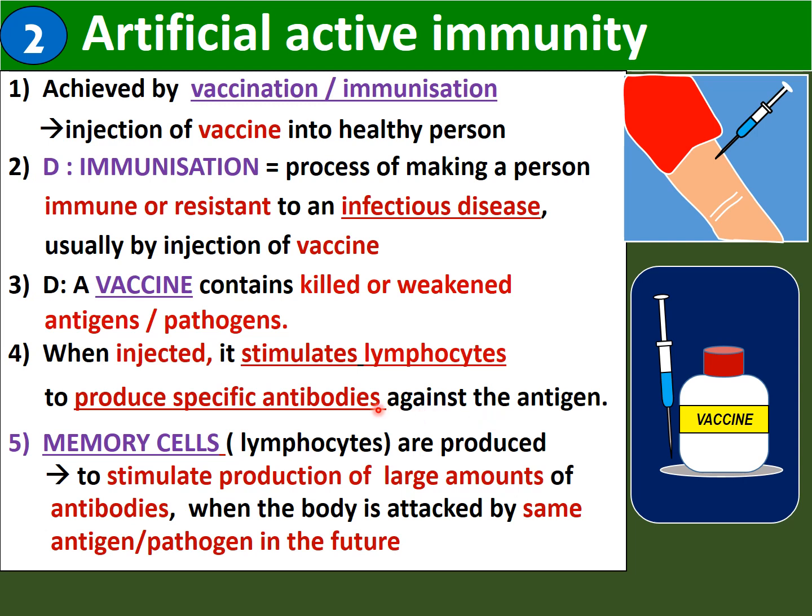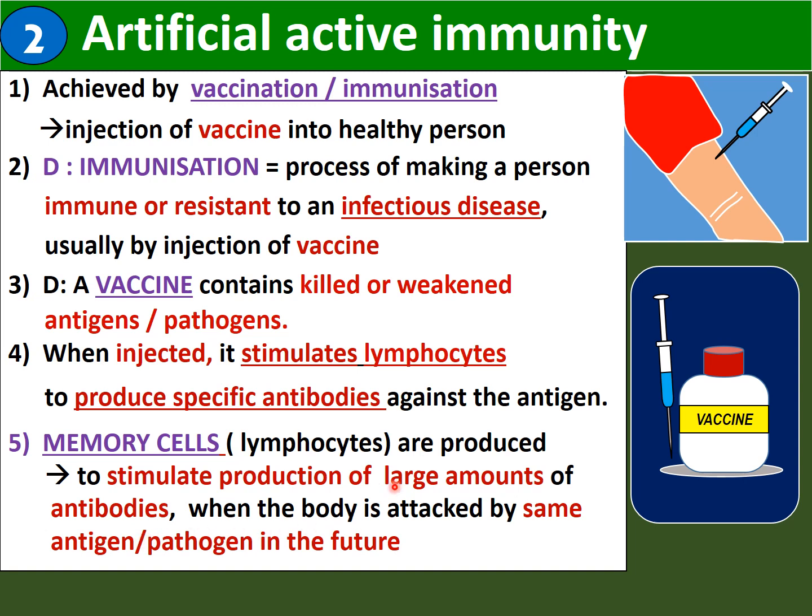So it is to help the human body produce the specific antibodies and to have memory cells for that specific pathogen. These memory cells are lymphocytes that are produced after vaccination, and they are able to stimulate production of large amounts of that same antibody when attacked by the same antigen in the future.